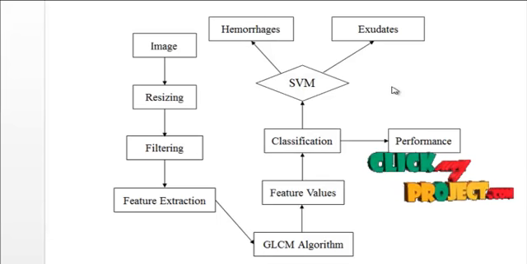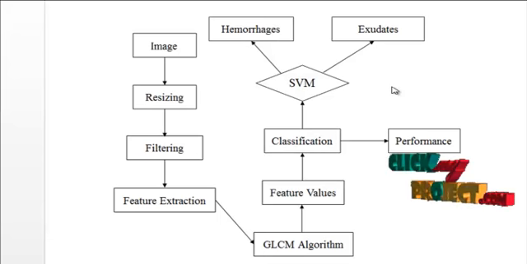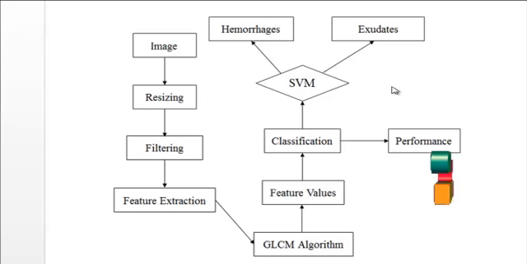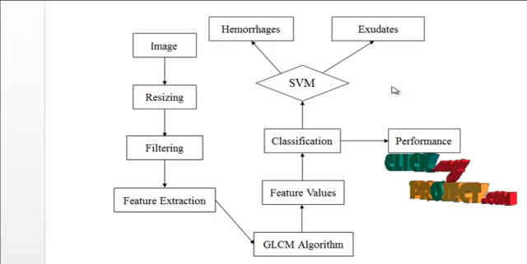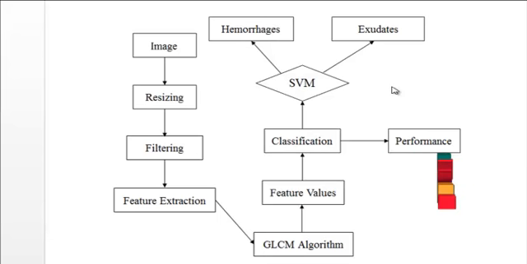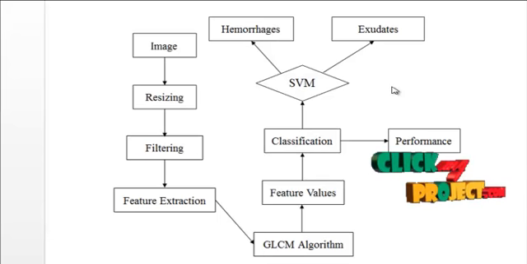Based on the different classes, labels are provided for the images in the training set, and based on the comparison of the labels and the predicted classes, the final result of the classifier is obtained. So the input image is classified as hemorrhage, exudate, or normal.